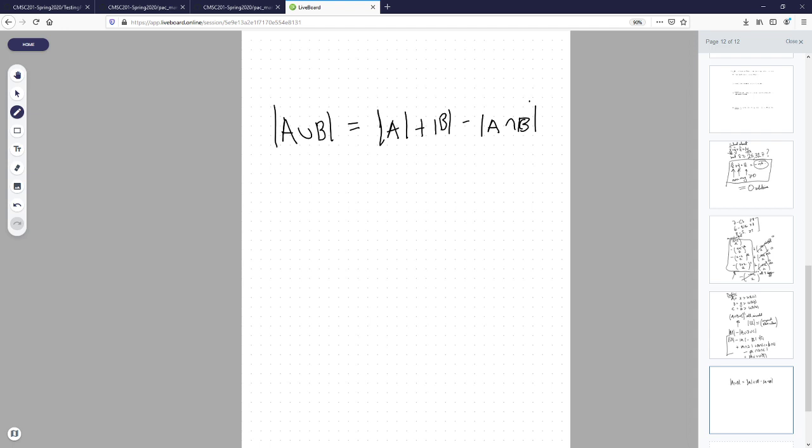What you would want to do here is you could say, well, A union B minus the number of things in A minus the number of things in B is equal to, technically, negative the number of things in A intersection B. So you see how, if you add this to the other side, you can get a plus sign here, but then you get a big 0 sign here.